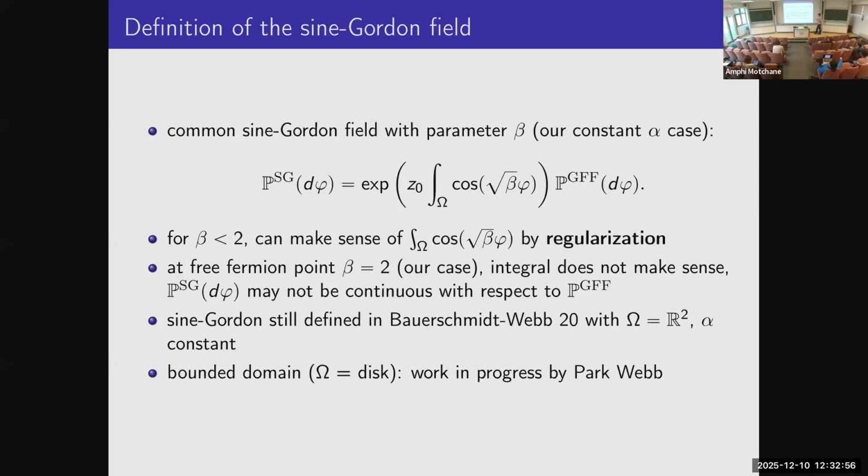For example, if you use a regularization procedure for beta smaller than 2, I guess you will have the same limit all along the value of the parameter beta. Fortunately, these people will define it soon. We are in touch with them, the sine-Gordon field in bounded domains, and we can rely on their work.